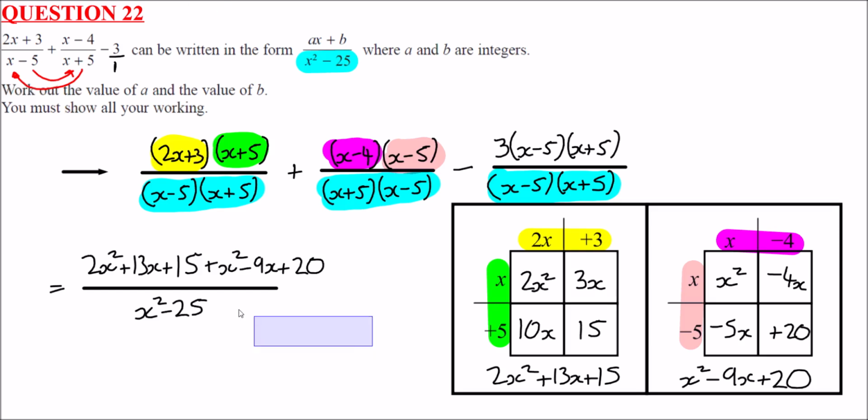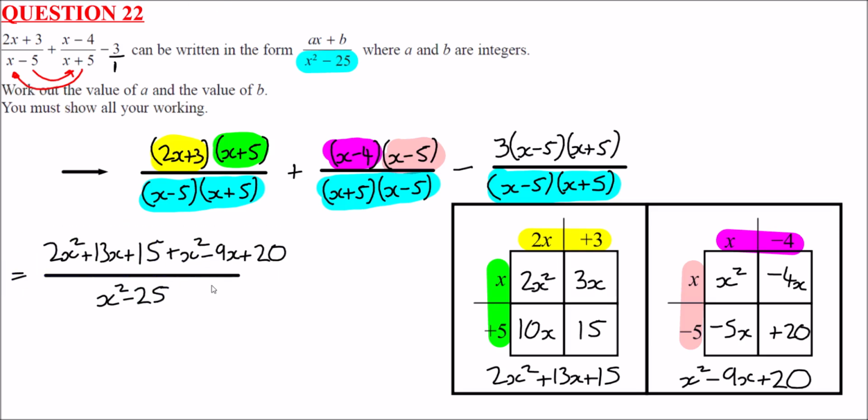And then, I'll just make myself a bit more space, as I always tend to run out. This one here is 3 lots of the difference of 2 squares. And so 3 lots of essentially the denominator would be 3x squared minus 75. But be careful because we're minusing this away.